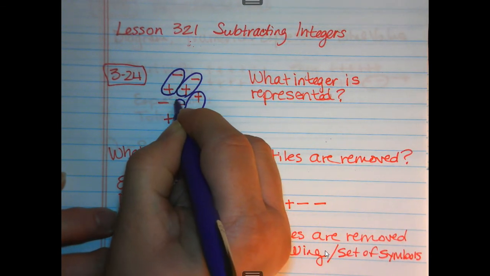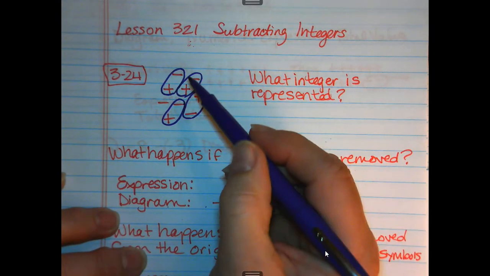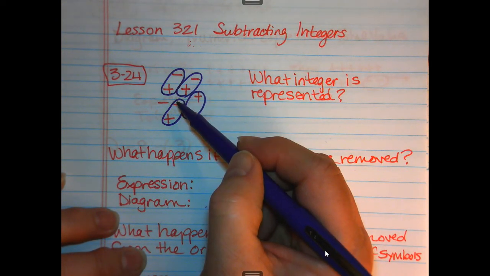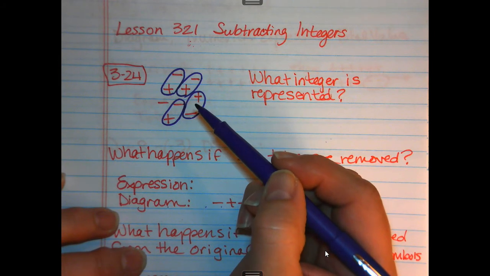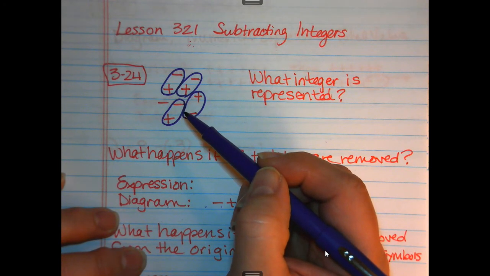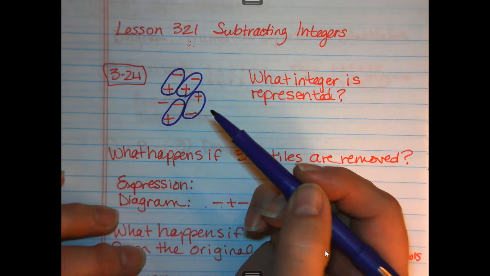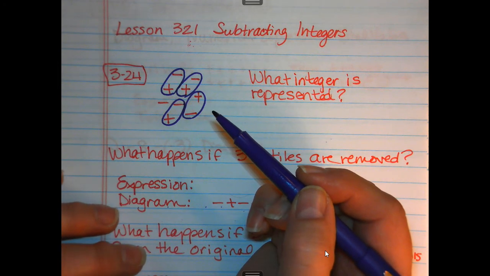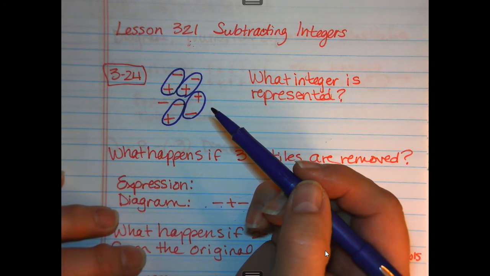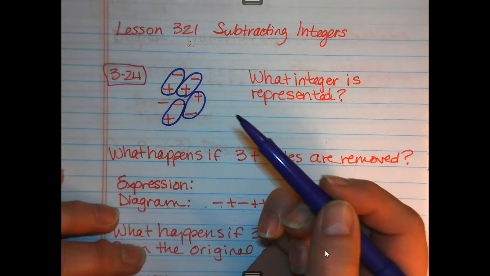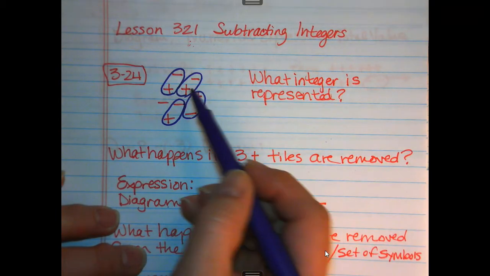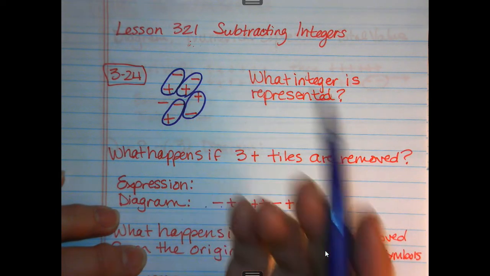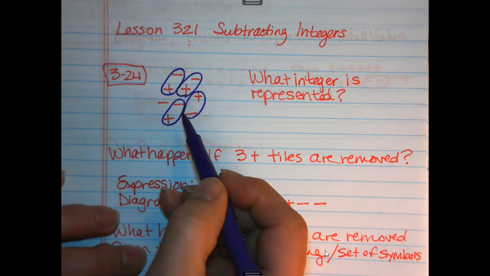I pair them up because when I do, opposites end up equaling 0. 8 plus negative 8 gives me 0. 100 plus negative 100 gives me 0. Negative 253 plus 253 gives me 0. So I'm going to cancel these out or balance these out by putting them together in pairs.